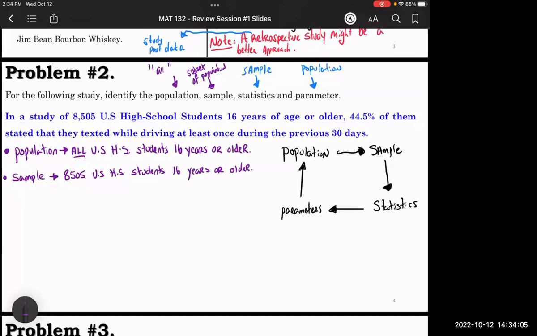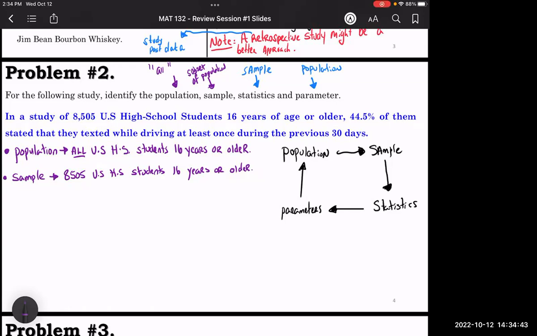Okay, now from our sample, did we obtain a statistic? Yes, we did. What is our statistic in this problem? Yes, right. By the way, when I'm writing out the population, sample, statistic, and parameter, I'm writing them out as a phrase or a sentence. That's how you usually describe them all.